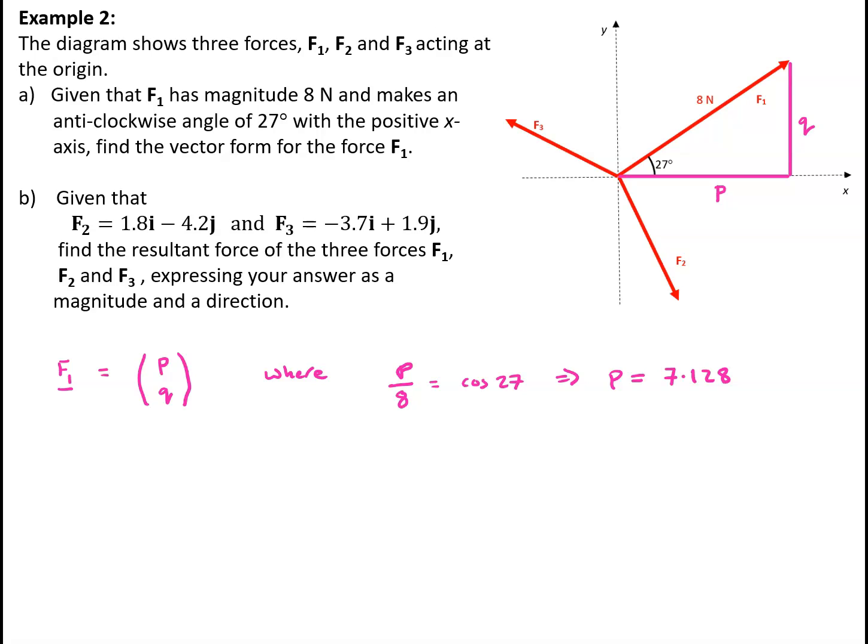And similarly, Q divided by 8 is going to be sine 27, so Q must be 3.632. That is 8 times sine 27. So the force F1 is the vector (7.128, 3.632).